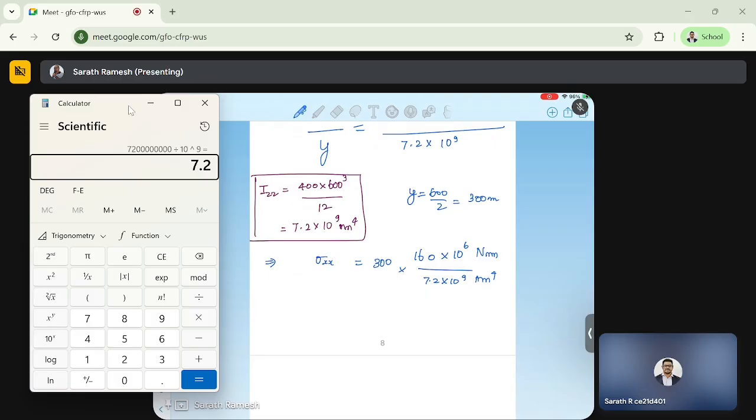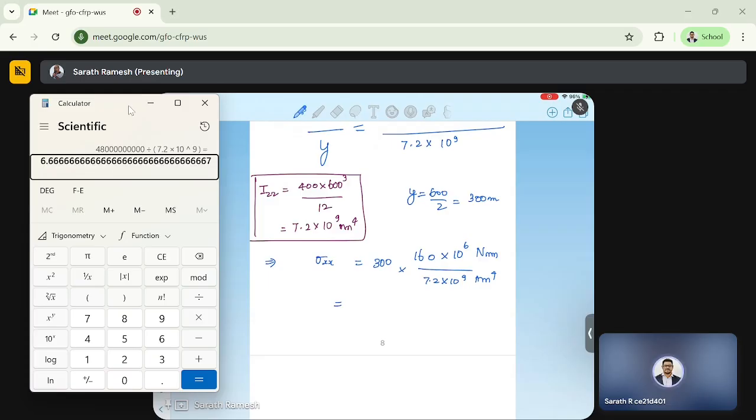So finally, we'll get the answer in Newton per mm square. 300 into 160 into 10 to the power 6 divided by 7.2 into 10 to the power 9.